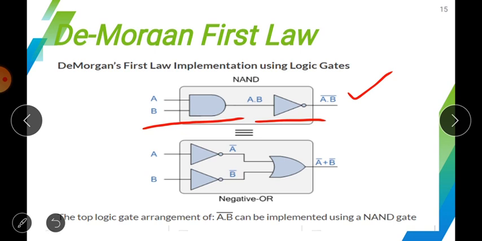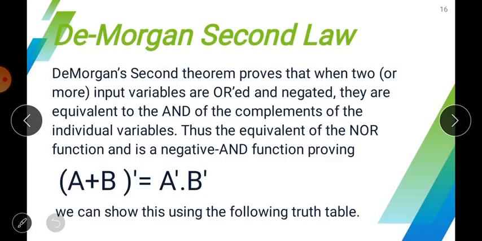According to the next line, A complemented or B complemented: A goes through the NOT circuit and here you get the complement of A, and this is the B input, and after the NOT gate you get the complement of B. When you pass both inputs through the OR gate, you have the output A complement plus B complement. So this is De Morgan's first law.